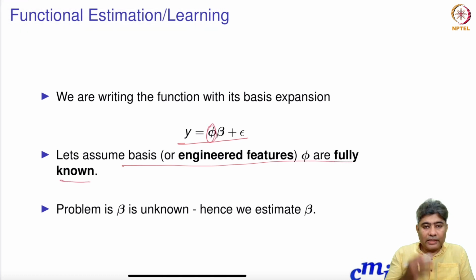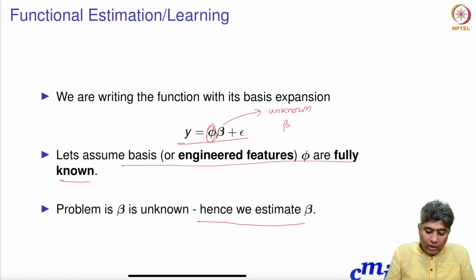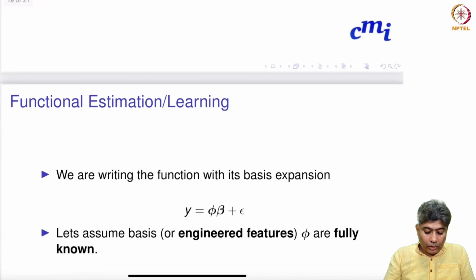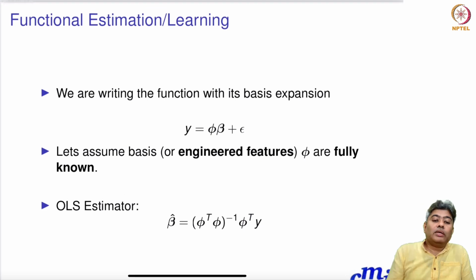This phi system is completely known to us, and beta is completely unknown, and we want to estimate beta. This comes under something called functional estimation or functional learning. We'll talk about it more later.